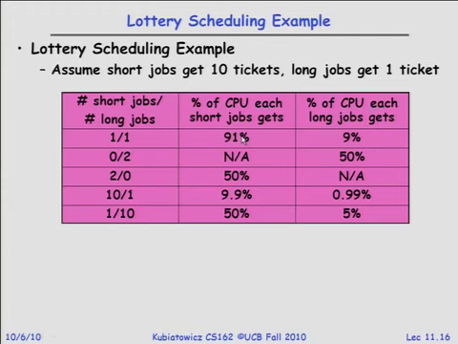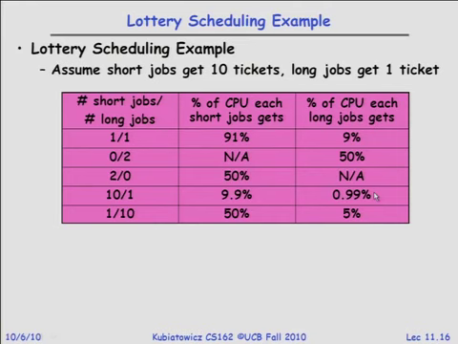If we have 10 short jobs and 1 long job, then each short job gets 9.9% of the CPU, and the long job gets 0.9%, or 1% basically. And vice versa, if we have 1 short job and 10 long jobs, then we get about 50% for the short job and 5% for each of the long ones. Notice that nobody here is at 0, although the long job is hurting a little, but we managed to make sure everybody makes some progress.